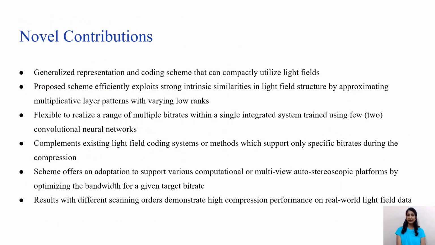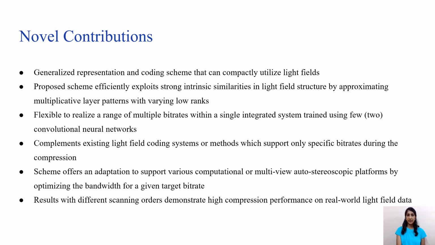The critical advantage of our proposed hybrid layered representation and coding scheme is that it utilizes not just spatial and temporal redundancies of the light field views, but it also efficiently exploits the strong intrinsic similarities which are present in the neighboring sub-aperture images in both horizontal and vertical directions as specified per the 2 prediction orders.